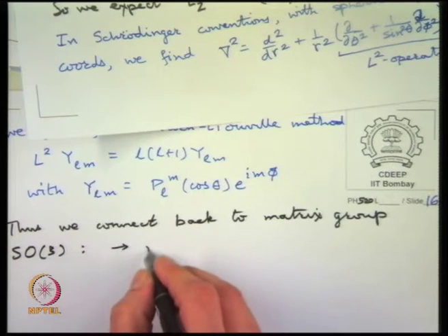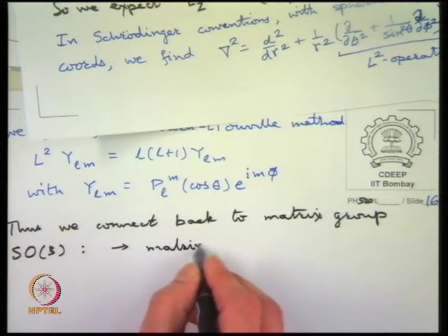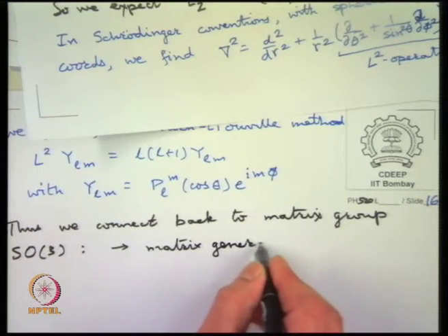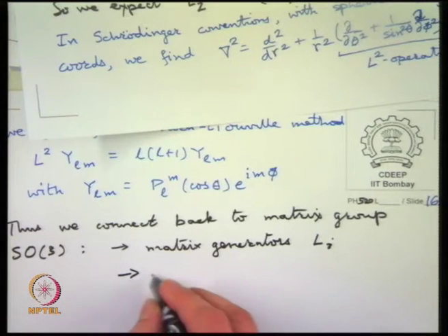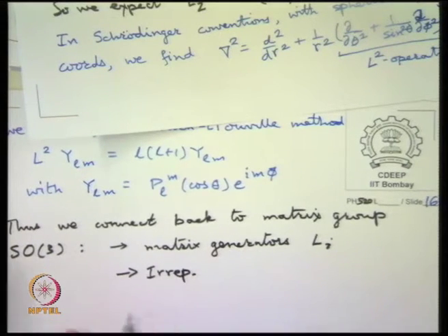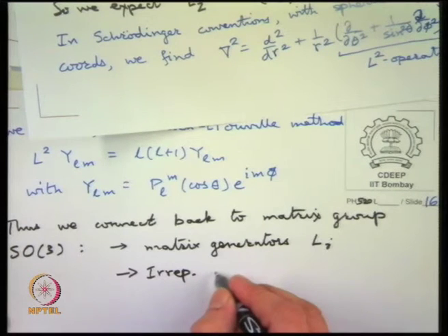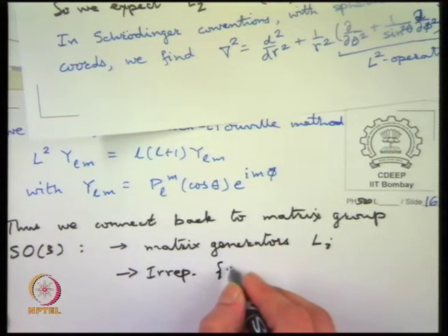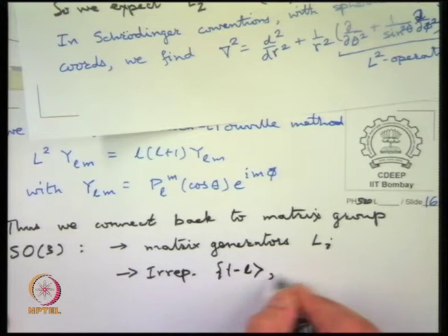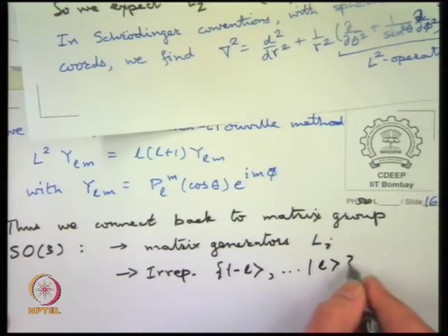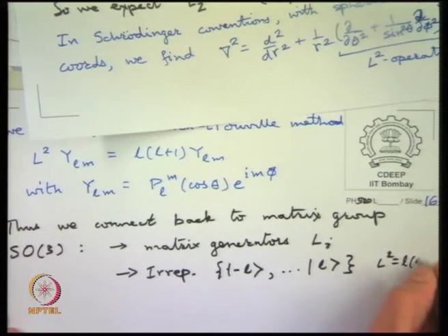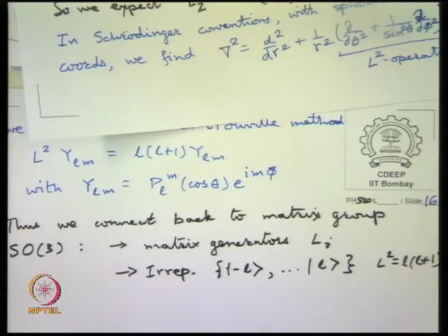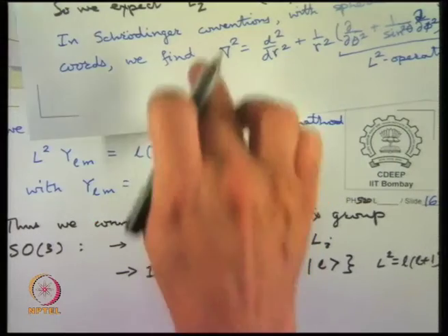So the matrix generators Li allowed representations, and we saw that there were irreps because you cannot escape those representations, with L squared equal to L into L plus 1. And these exactly correspond to the YLM.